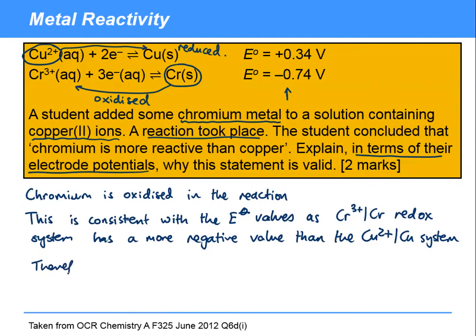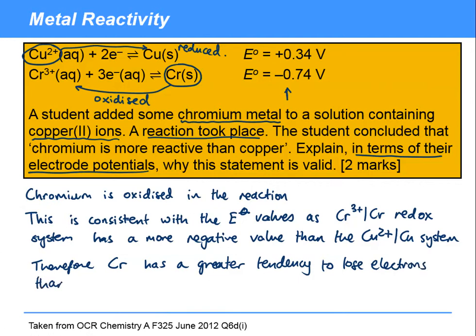Therefore, Cr has a greater tendency to lose electrons than Cu, and so is more reactive.